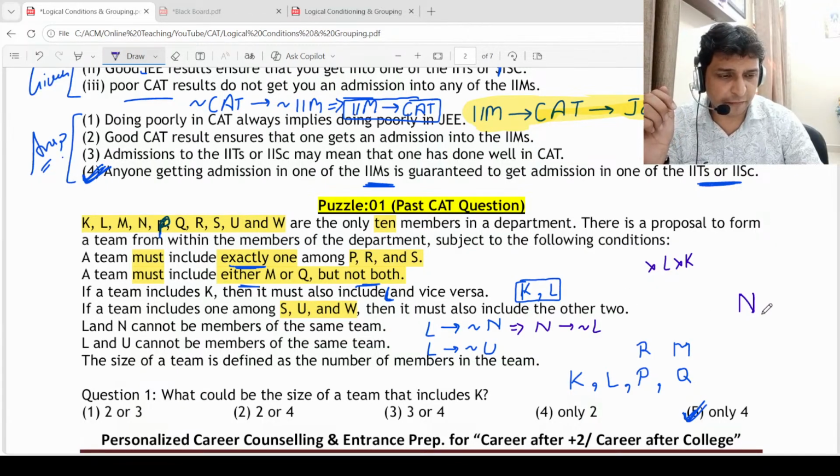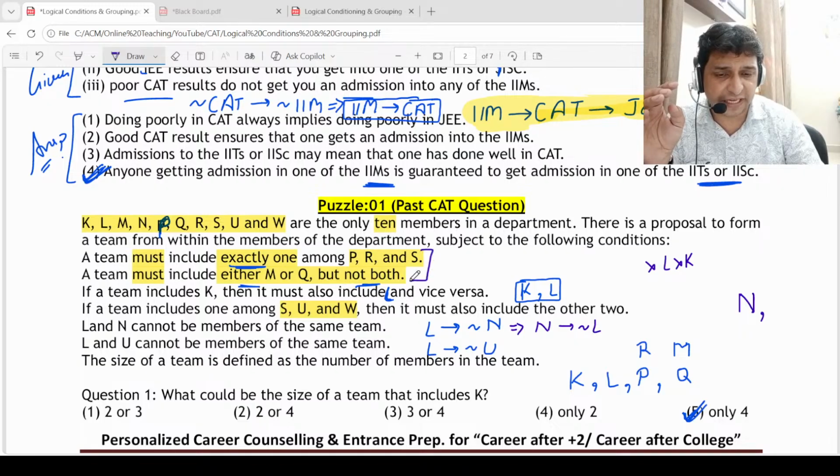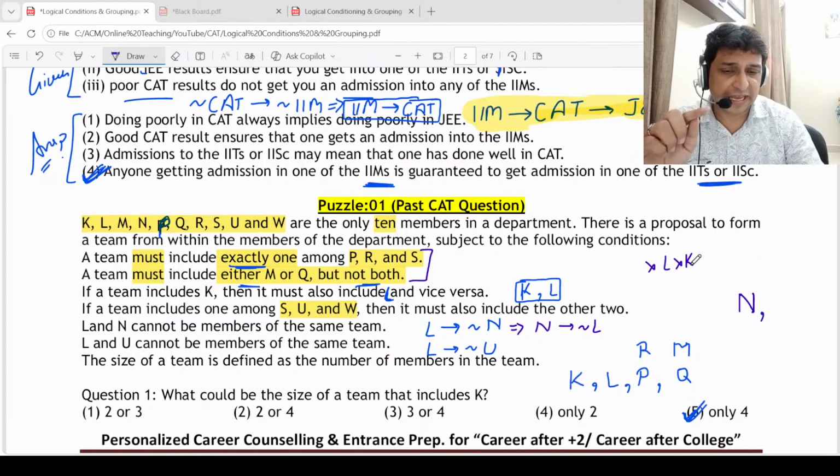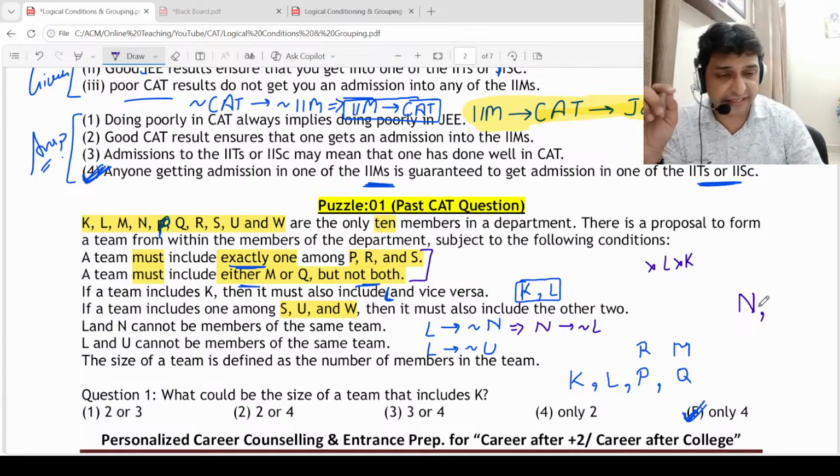So one we may take P or R or S, and again, we can have M or Q. So there are five people, of whom we can only take two. The remaining five, L and K, we have not taken. N we have already taken. Two more are left, who are U and W, right? So that will complete it.